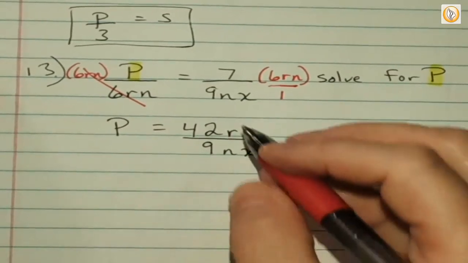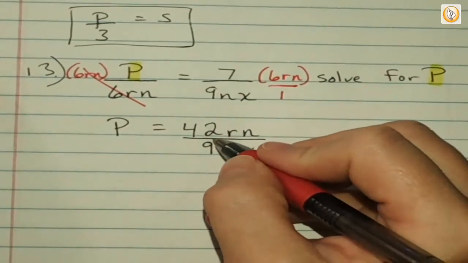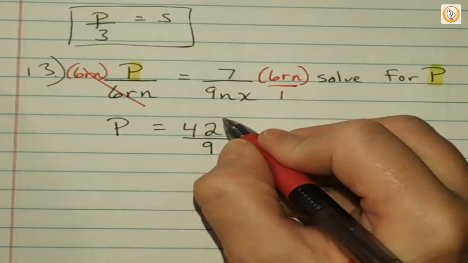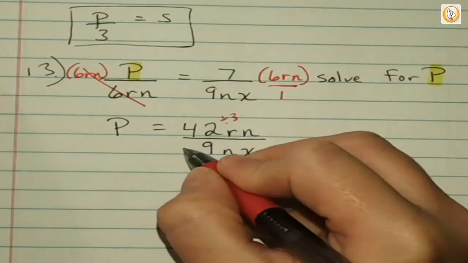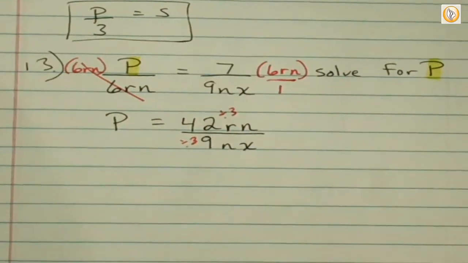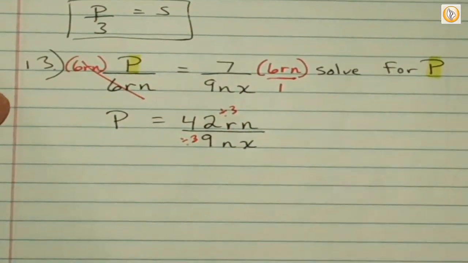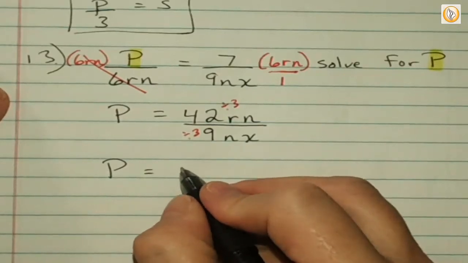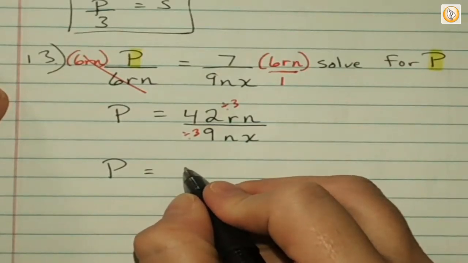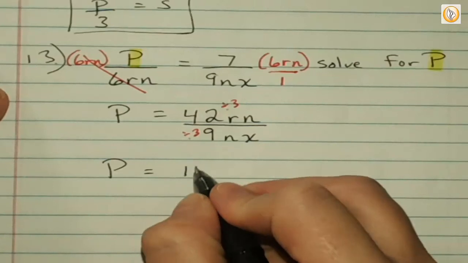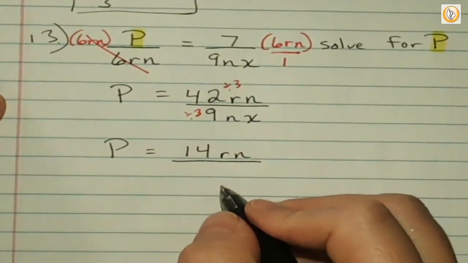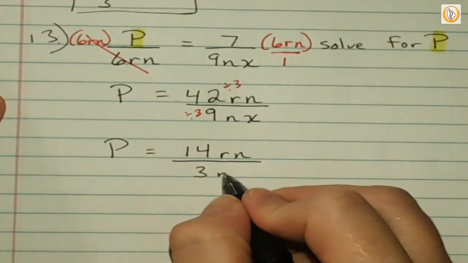Gabby, can I simplify it? I can divide both by 3. Thank you, Gabby. Good job, Gabby. So we're going to simplify it. We have P equals 42 divided by 3 is 14RN, and 9 divided by 3 is 3NX.